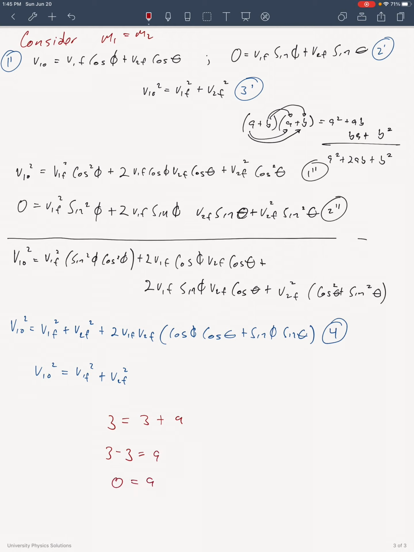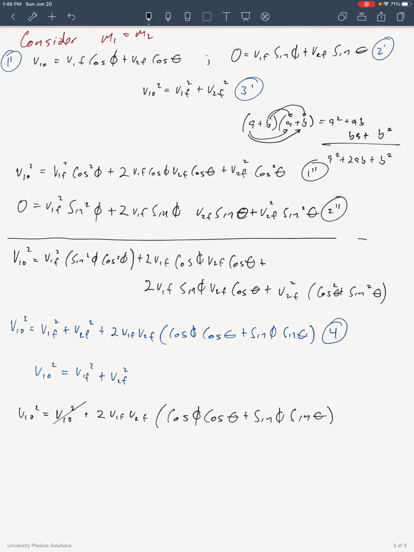Alright, so if I put this equation in here, I would end up with b10 squared is equal to b10 squared, because those are the same things, plus this whole mess right here, 2b1f, b2f, cosine of phi, cosine of theta, plus sine of phi, sine of theta.